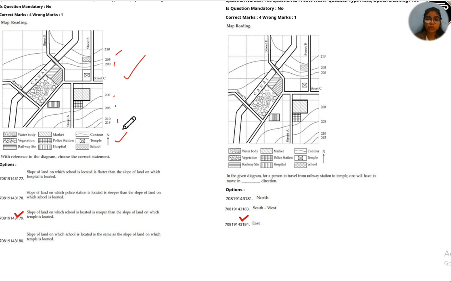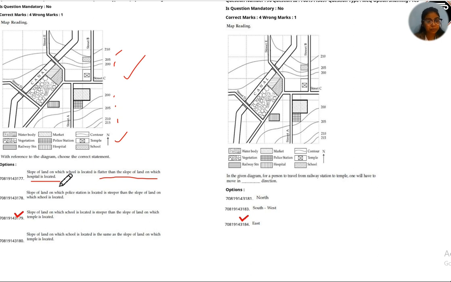So everything is mentioned in this diagram. Now what is written? With reference to the diagram, choose the correct statement. You have to read the statement and look into the diagram and then mark whether it is right or wrong. So the first one is: slope of land on which school is located is flatter than the slope of land on which hospital is located.